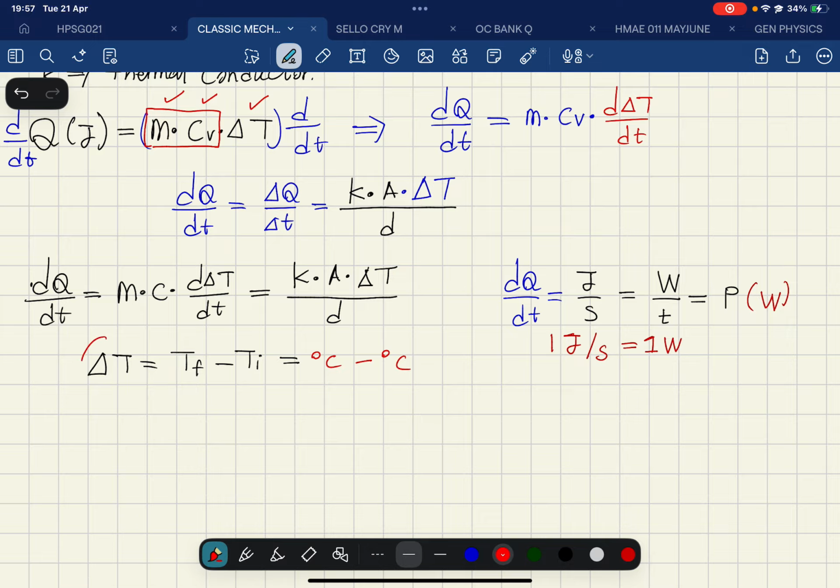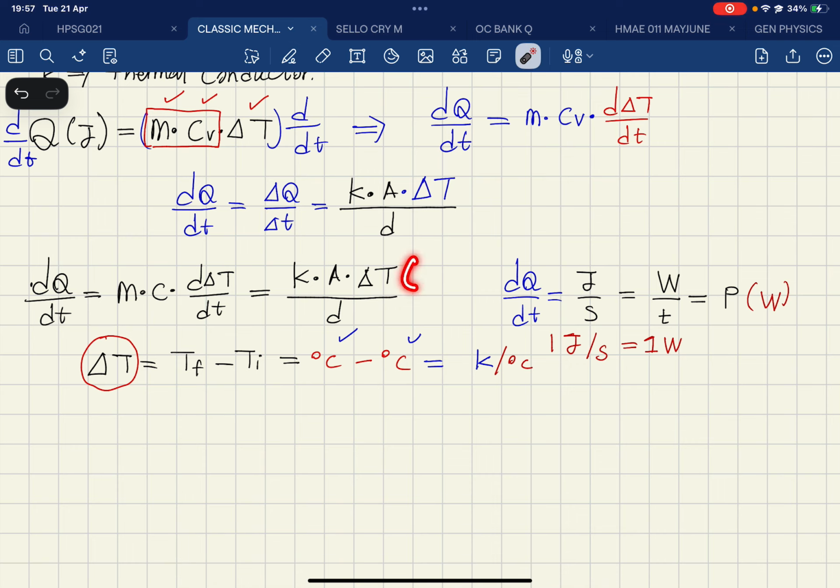But when you subtract the two degrees Celsius, we get Kelvin instead of degrees Celsius. But even if you say degrees Celsius, it's still fine. But for future purposes, we must know Kelvin is the difference between two temperatures. Understand? Meaning our change in temperature is measured in Kelvin.